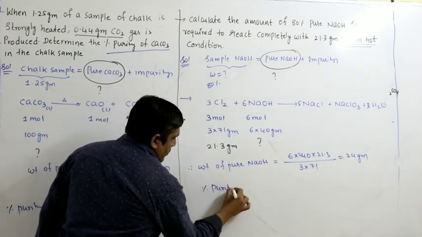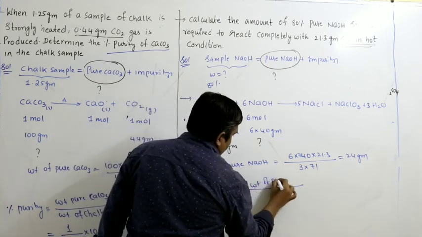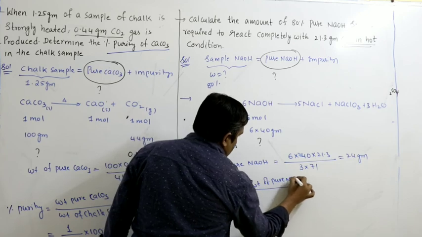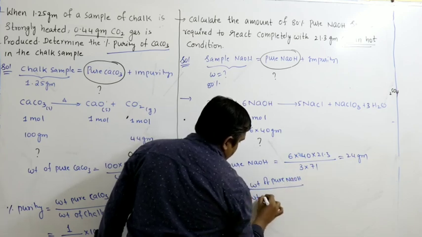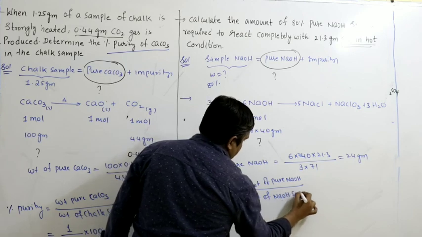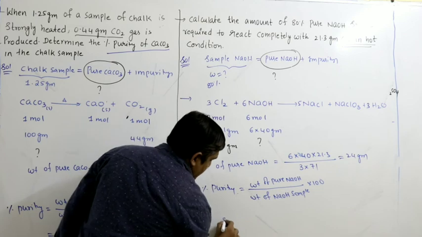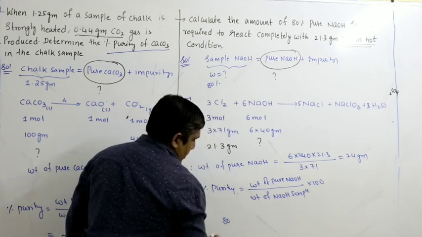Percentage purity of NaOH is equal to weight of pure NaOH by weight of NaOH sample into 100. So 80% is given, that is 80 by 100.